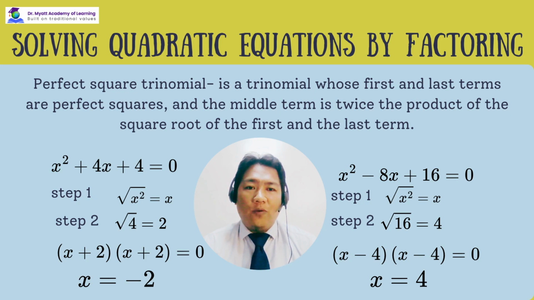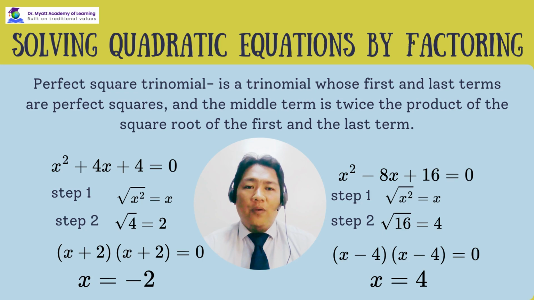The second step, we get the square root of the last term, the square root of 4, and that is equal to positive 2. The sign of the middle term is positive, so we are going to use positive to find the factors of the given trinomial. So the factors are x plus 2 times x plus 2 is equal to 0. Therefore, the value of x is equal to negative 2.